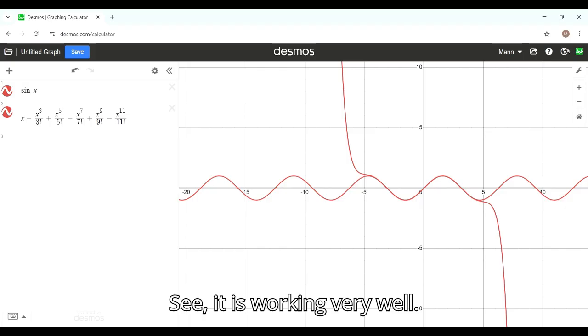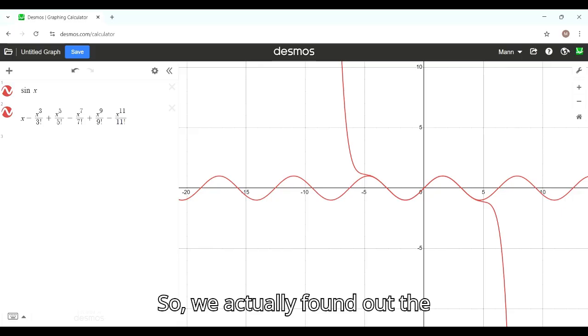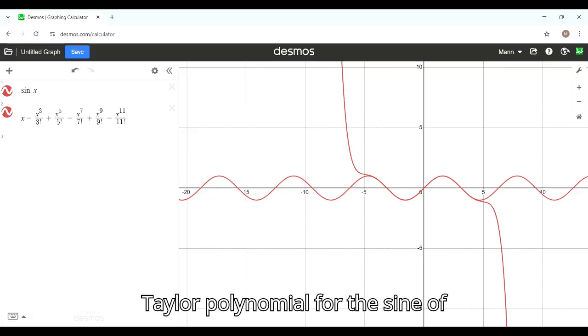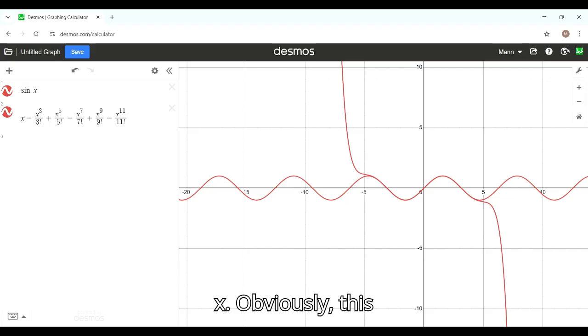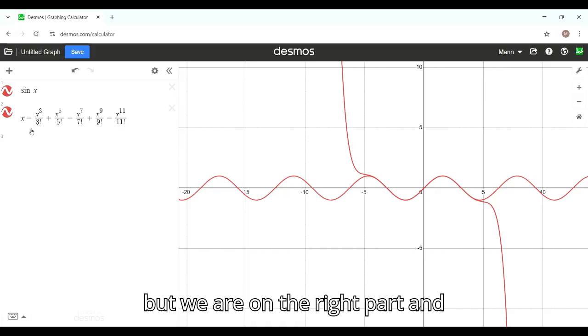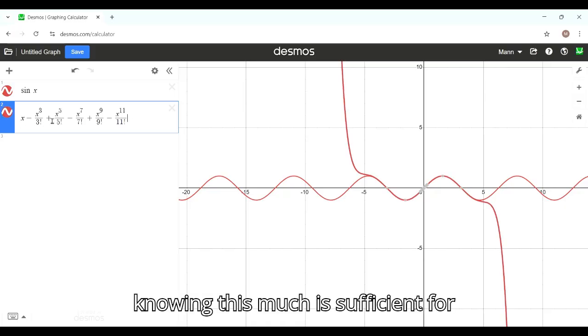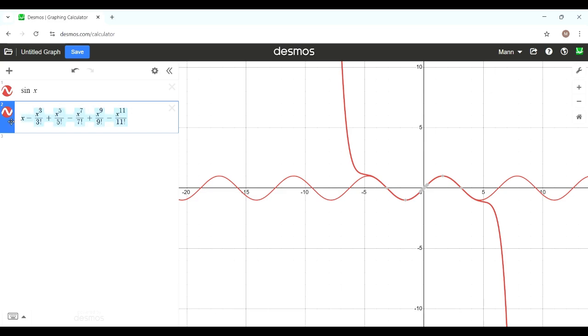See, it is working very well. So, we actually found the Taylor polynomial for the sine of x. Obviously, this continues till infinity, but we are on the right path. And knowing this much is sufficient for finding the pattern.